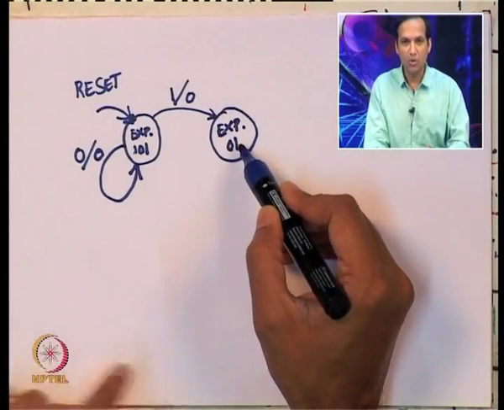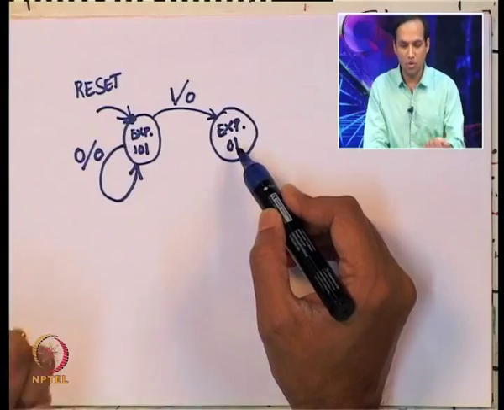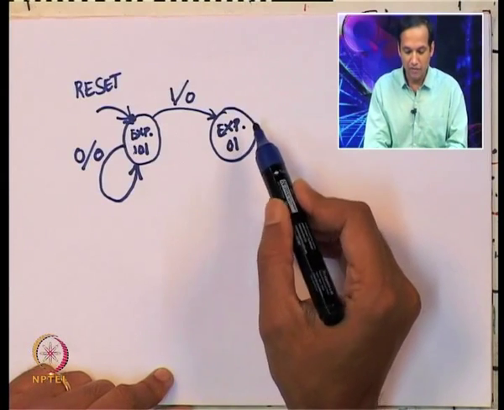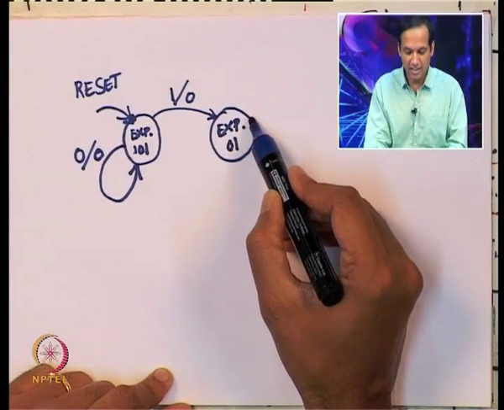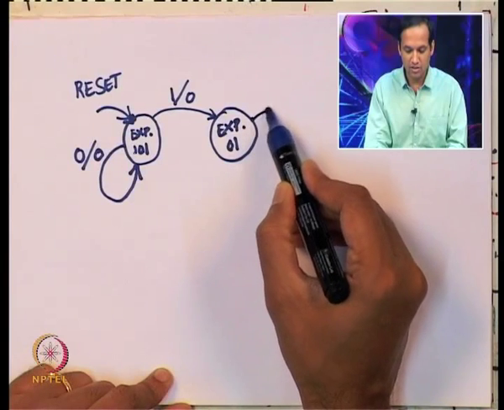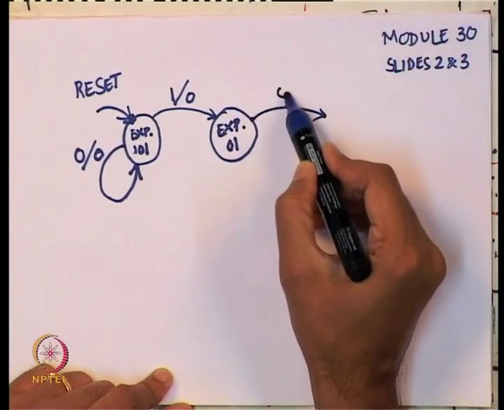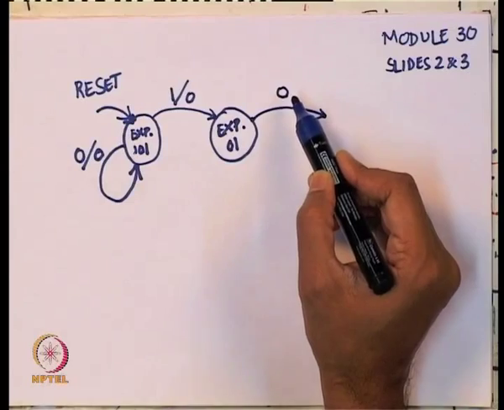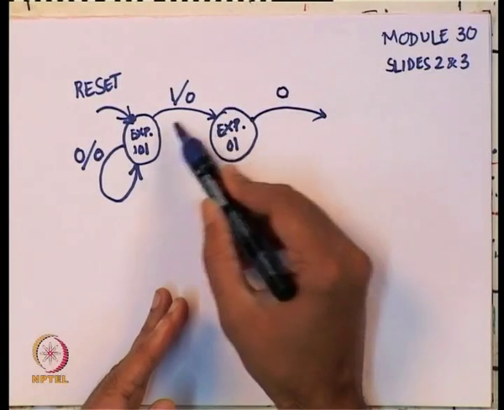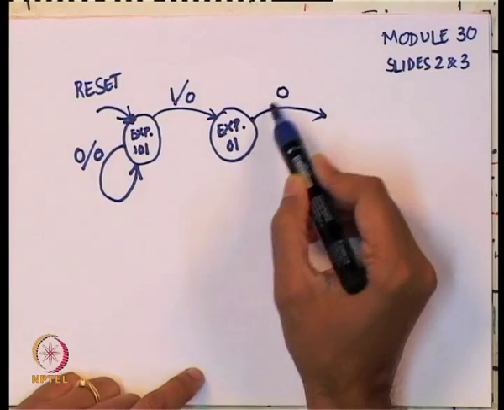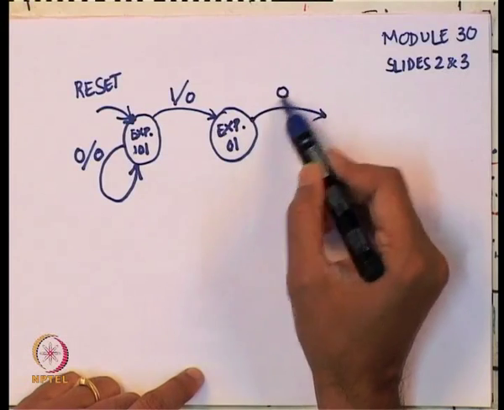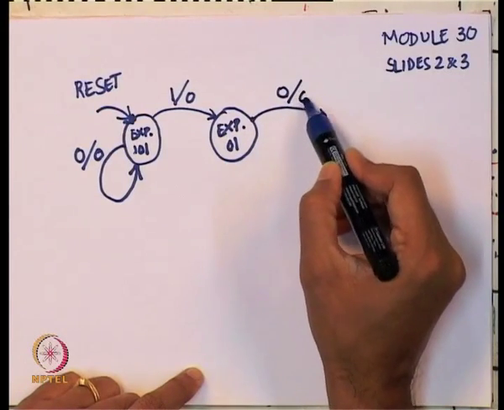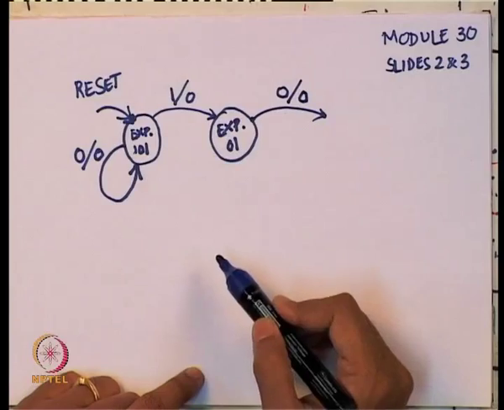In this state again there can be 0 as an input or 1 as an input. If I get 0 as an input, this is possibly a good thing, because I know that I am expecting 101, I already came to this state expecting 01, and now it got a 0, so it has still not detected the sequence 101.